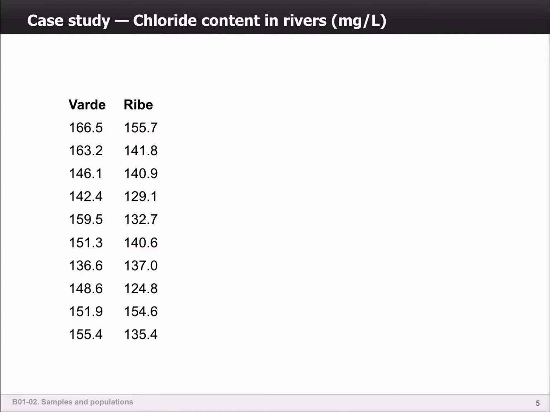Since we cannot take every single drop of water from these rivers, we took 10 glasses of water and estimated how much chloride is in each glass. So we ended up with 10 values, concentrations of chloride in 10 glasses of water, for Riba river, and the same for Vada river. Okay, so that's the data set.